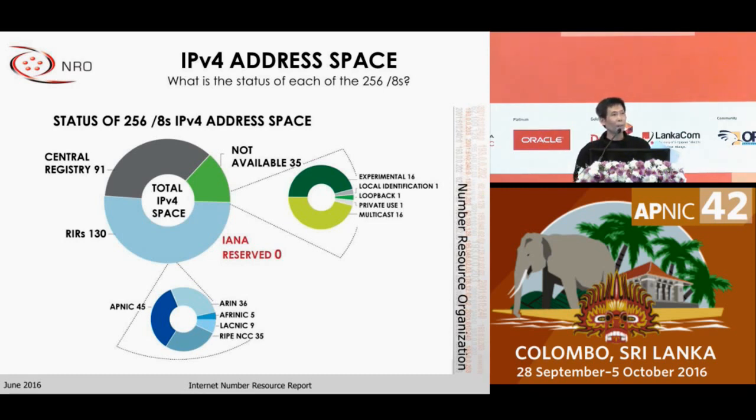We usually call them historical resources. 130 /8s were formally allocated from the IANA to the RIRs. APNIC received 45 /8s, followed by ARIN 36, RIPE NCC 35, LACNIC 9, and AFRINIC 5.